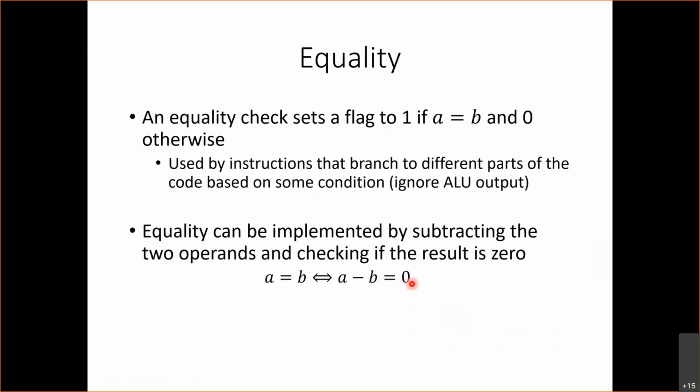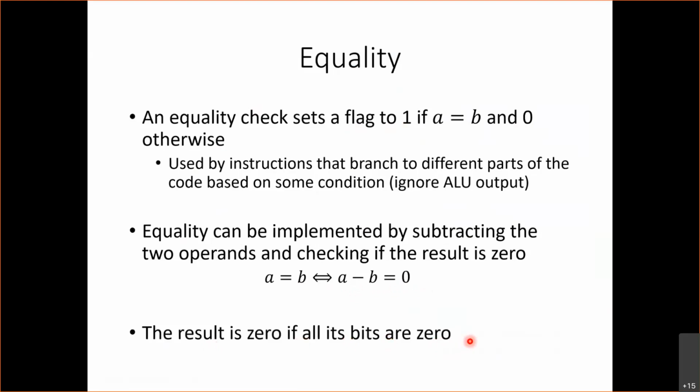I already implemented subtraction in my ALU, so to support equality comparison, all I need to do is use the subtraction that I already have and check if the result of the subtraction is 0. Now, how do I know that an n-bit number is 0? Quite simply, a number is 0 if every bit is 0. So the result is 0 if all its bits are 0.